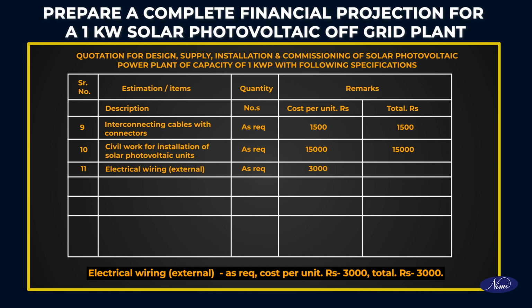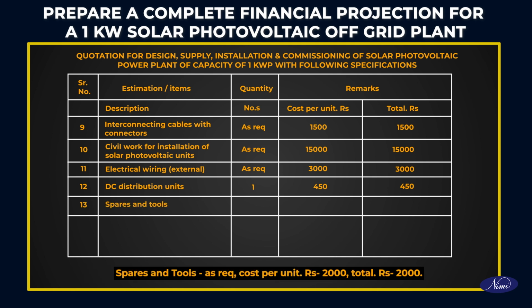Total ₹3,000. DC distribution units, 1 number. Cost per unit ₹450. Total ₹450. Spares and tools as required. Cost per unit ₹2,000.